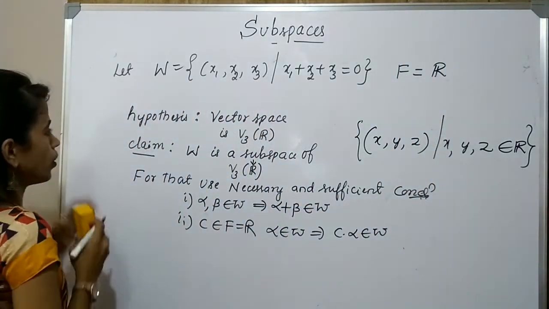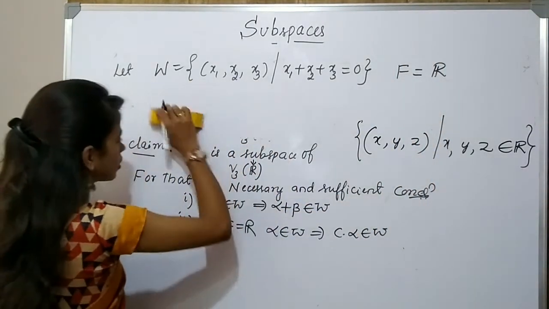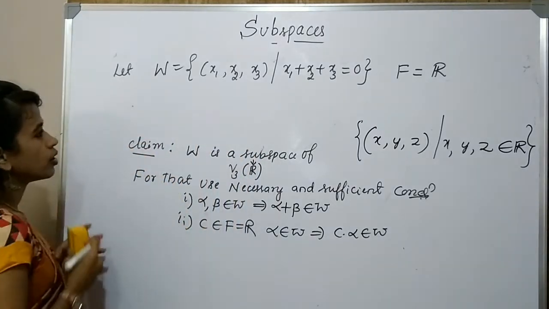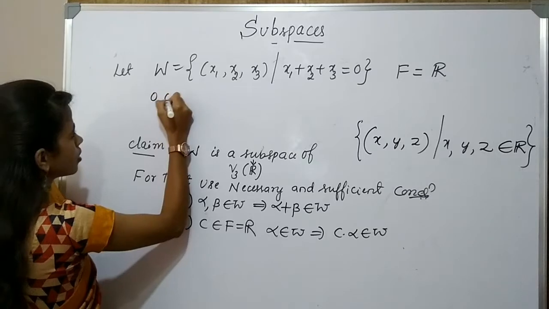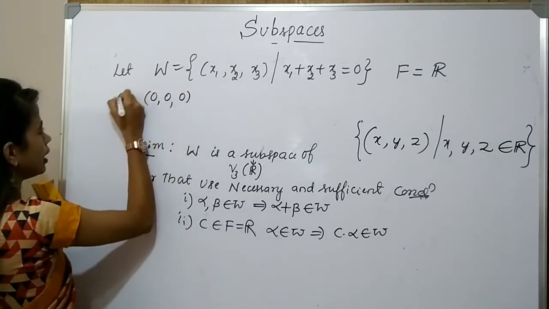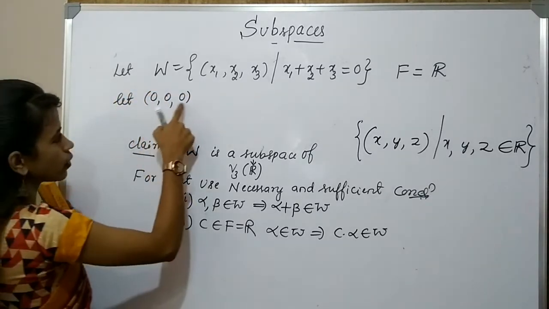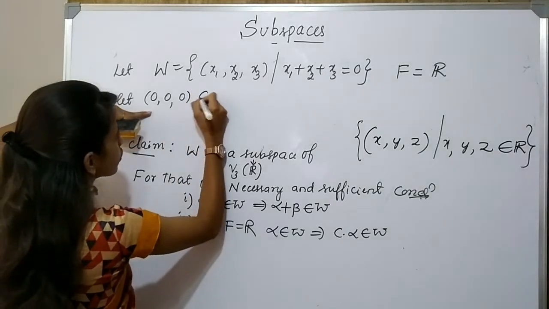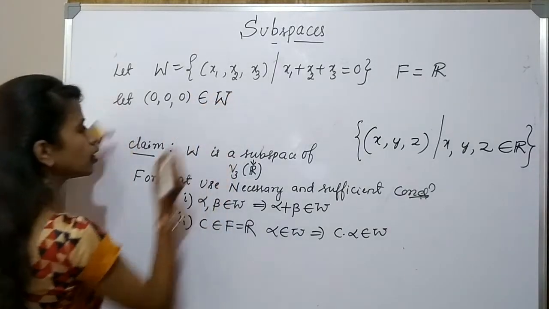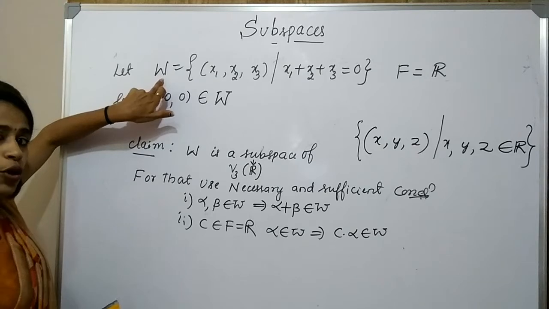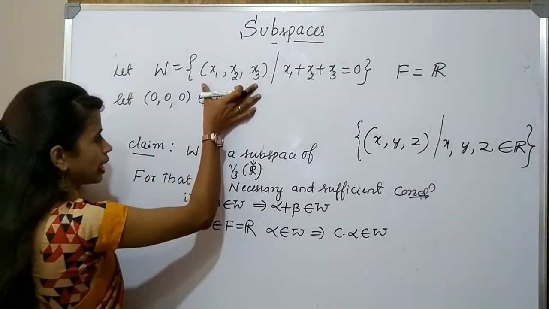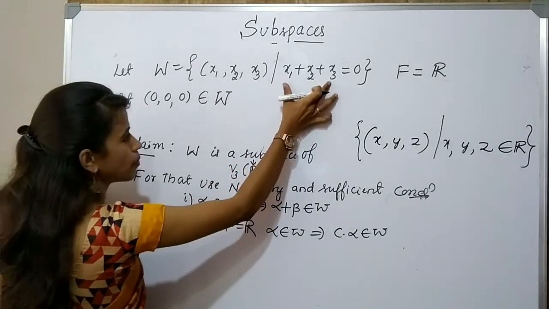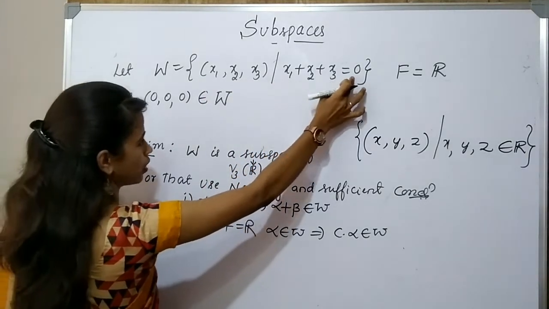Okay, so now consider (0, 0, 0). Does it belong to W? To be in W, what is the condition? The element must be a triplet and the sum of those three coordinates must be equal to 0.